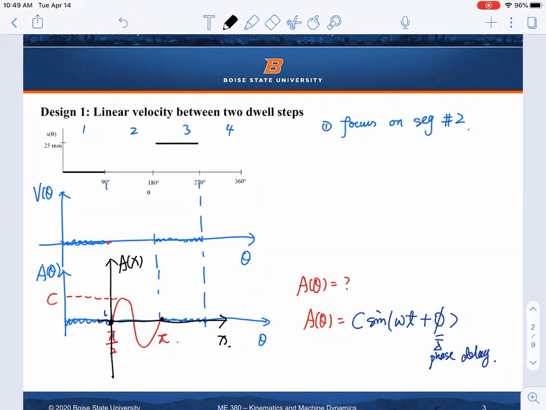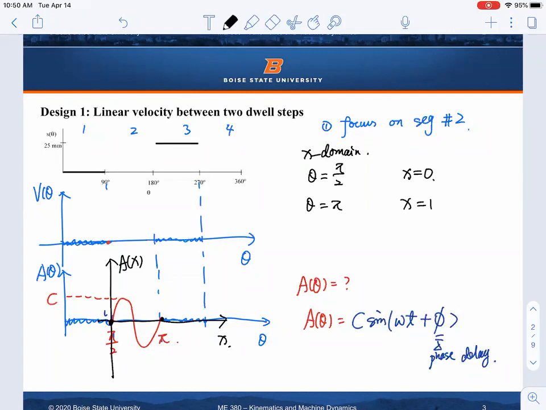All right, in this x domain, what properties do we have? When theta equals half pi, we want your x equal to 0. When theta equals pi, we want your x equal to 1.